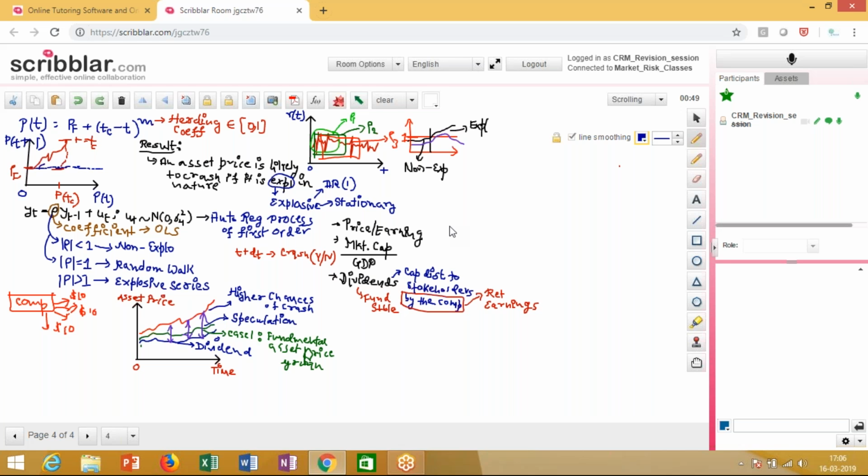The measures of identifying the riskiness in an asset price market can be captured through the volatility, the volatility of asset prices.